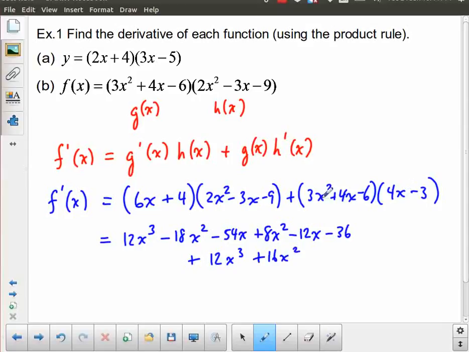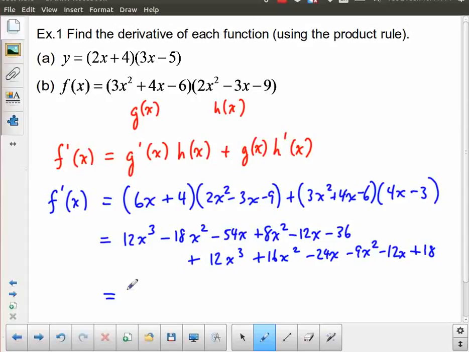And then I've got a positive negative 6 times 4x. That's minus 24x. And now I have to do positive 3x squared times negative 3. That's minus 9x squared. Positive 4x times negative 3 is minus 12x. And negative 6 times negative 3 with a positive in front is going to be positive 18.